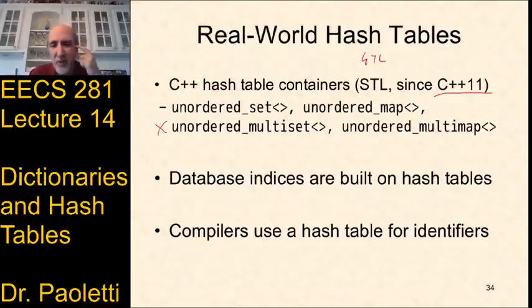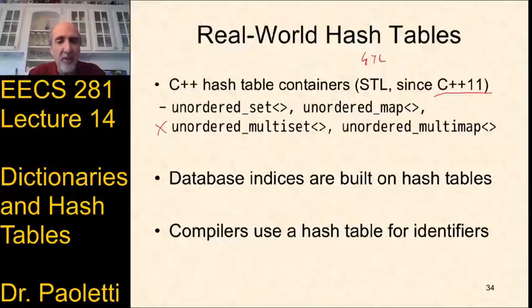So the reason we avoid using those is 2 reasons. One, the syntax is a little bit more cryptic than the unordered map version. And the second is that if we want the behavior to be deterministic, there's a slight problem.